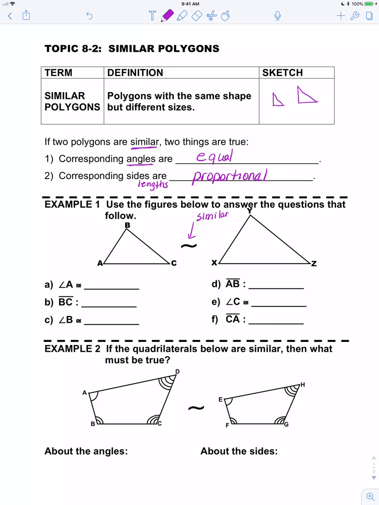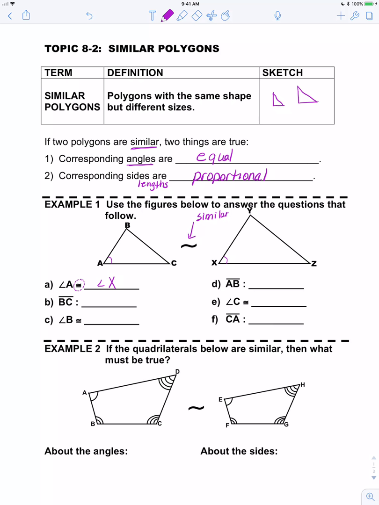So we would say angle A here would be similar to this angle X. So the angles are equal to each other. And remember, this is that congruent sign, that they are congruent because they are the exact same.